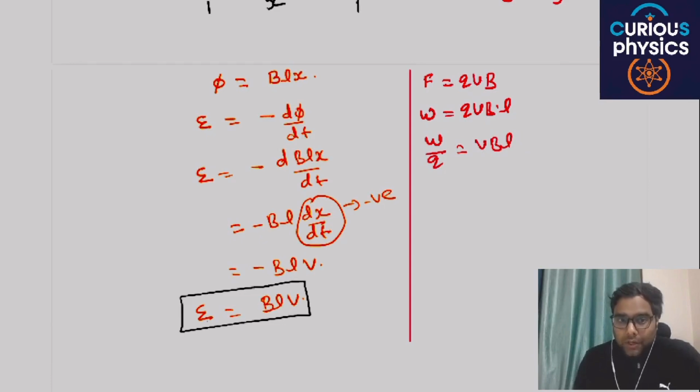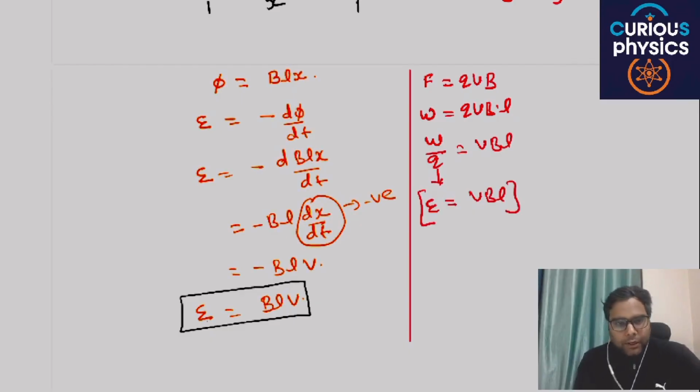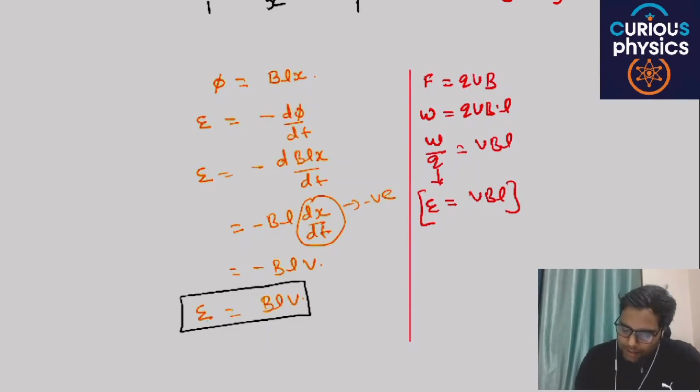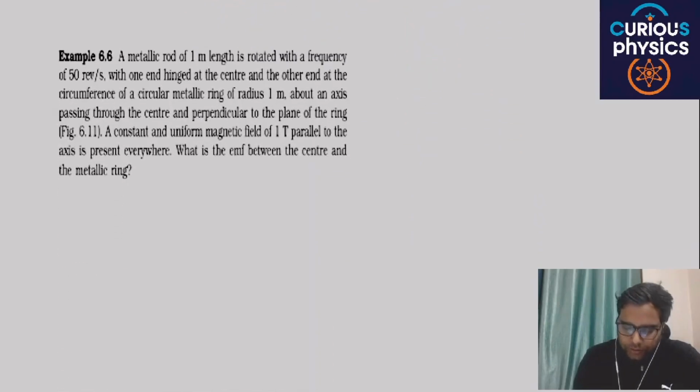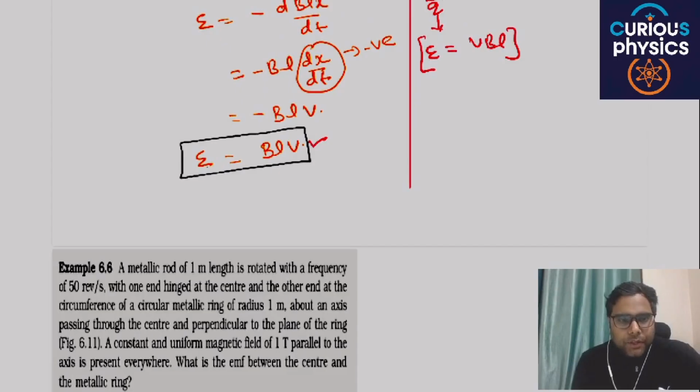Work done per unit charge will be the potential, or you can say the induced EMF, VBL. You can derive this formula by two methods, but the basic conceptual clarity should be there. Are you able to understand my point or not? This formula should always be in your mind, and this relation holds when V and B are perpendicular to each other.